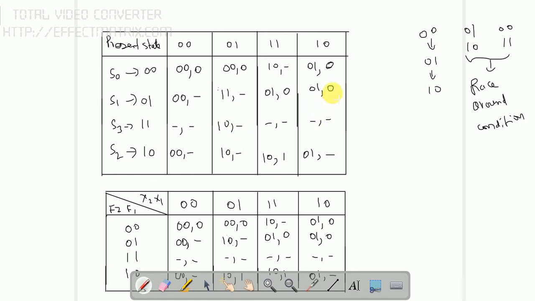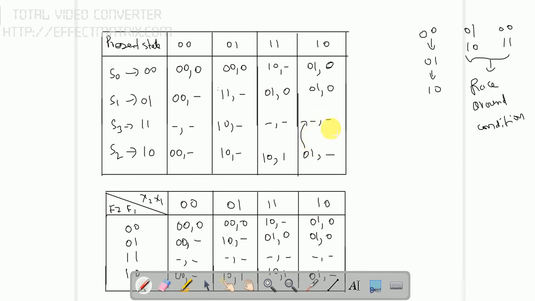Likewise in this place, here I have 1 0, here I have 0 1, so 2 bits are changed. So how to do this? I'm just going to take this 0 1 here, and what is the next value of 0 1? It is 1 0. So I'm going to write this 1 0 here and 0 1 here.